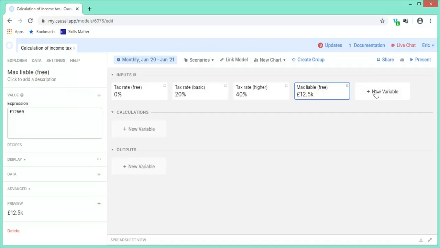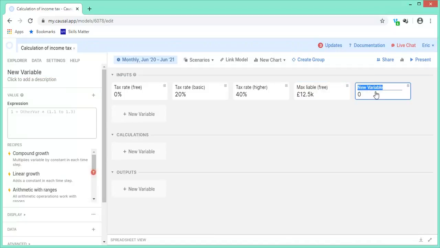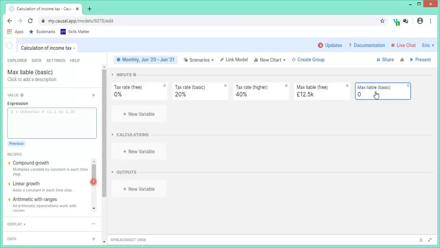Okay. Now, in the basic band, the maximum that will be taxed in the basic band is £50,000.